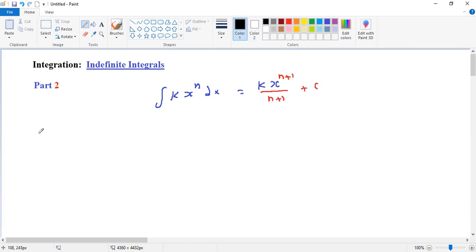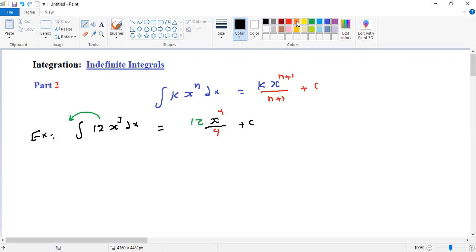Again, to remind you, for example, the integral of 12x cubed dx: k is 12, so the answer is 12 x to the power n plus 1. n is 3, so n plus 1 is 4, over 4, plus constant.